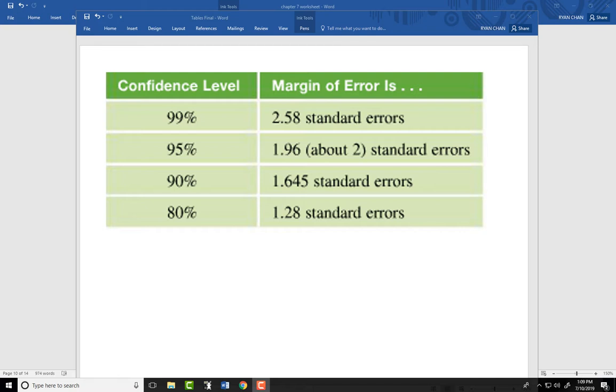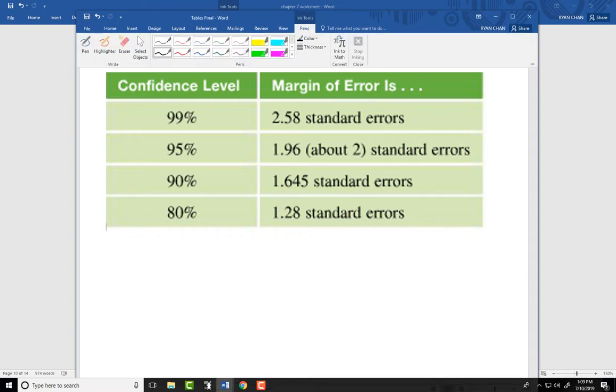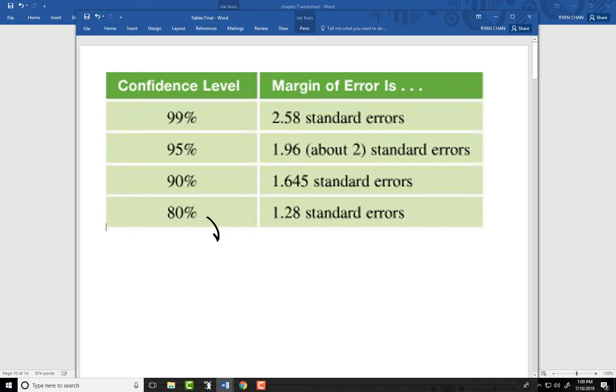For example, I'm going to make this part up, but let's say I have P equal to 50. If I have an 80% confidence interval, it's very likely I could have something like between 47 to 53.